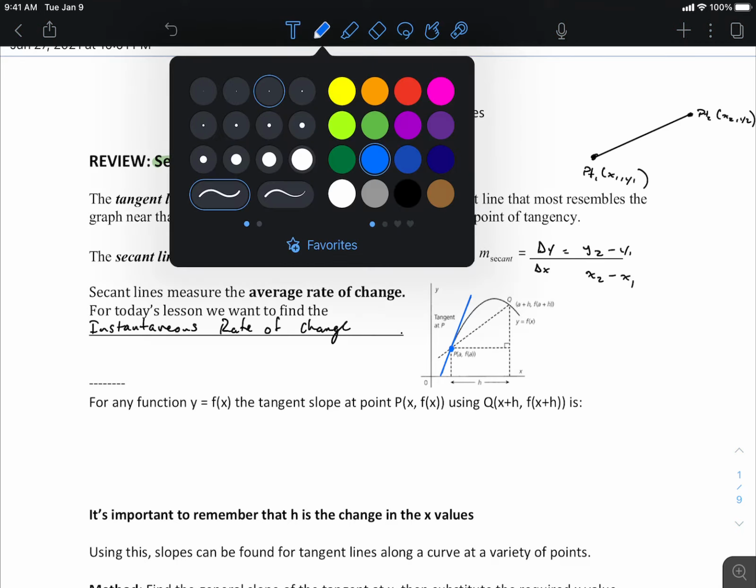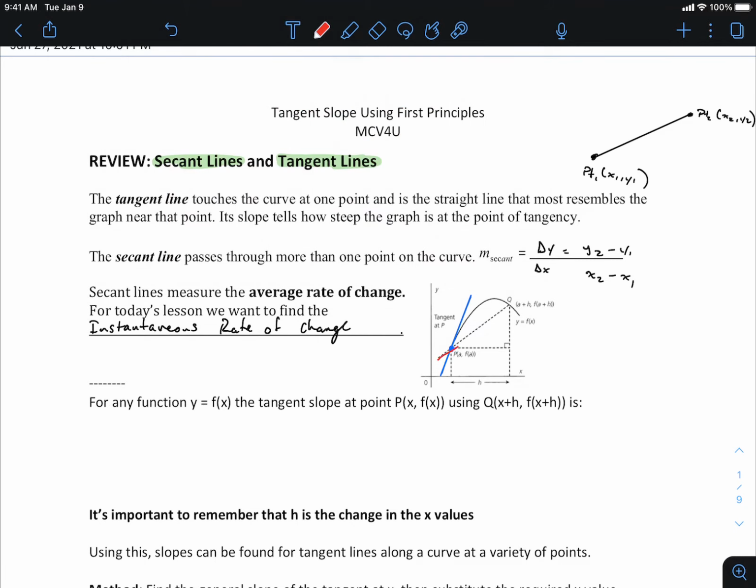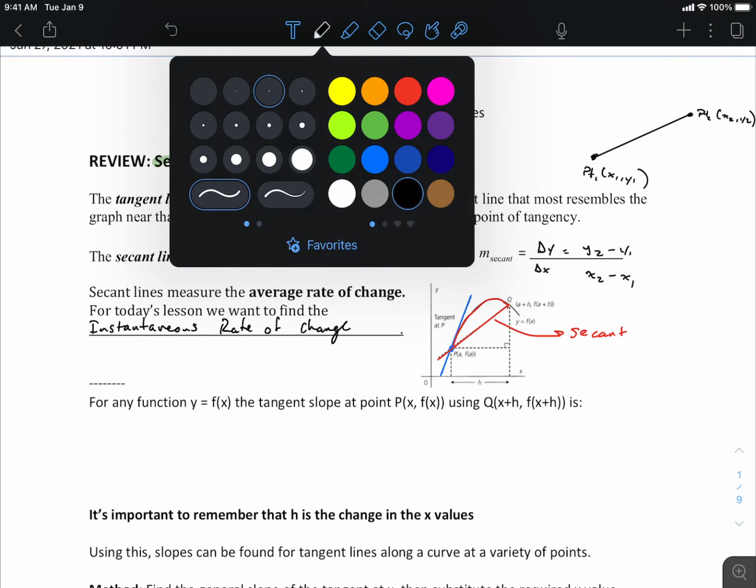And in red is the secant line. It's representing the average rate of change from this point to this point. Okay. Now, what I meant earlier by the denominator gets infinitely small, or approaches 0, I suppose.